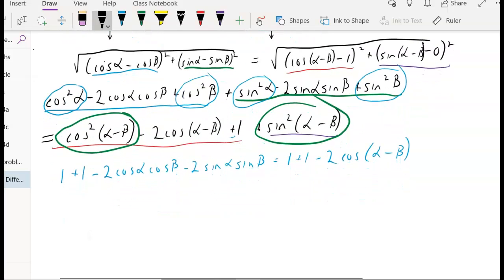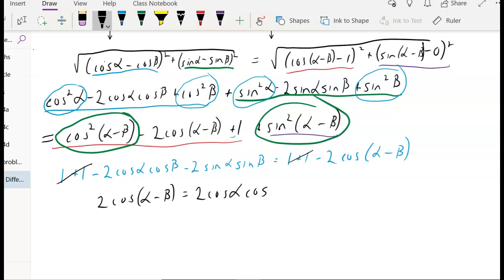Now we can subtract away these 1s. We can multiply everything by -1, or you can think of it also as adding this to one side and adding all these to the other, but we're going to end up with 2 cosine of alpha minus beta equals 2 cosine alpha cosine beta plus, because we multiplied by -2, we moved them around, plus 2 sine of alpha sine of beta.